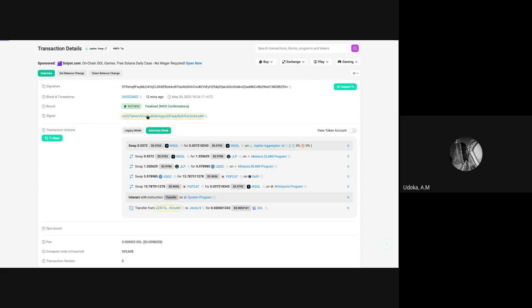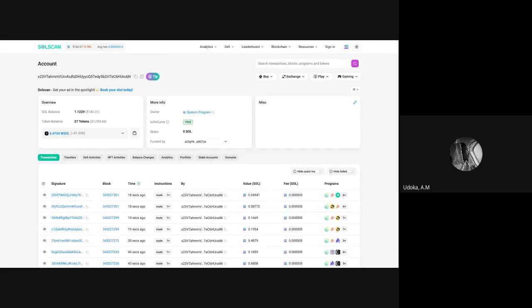Okay, I'm opening this signer. Now, how do we quickly see a PDA? You see that this is an account with this address, this is the SOL balance for that account, and this is the token balance in that account. Looking at the more info segment, you see that the owner of this account is the system program.